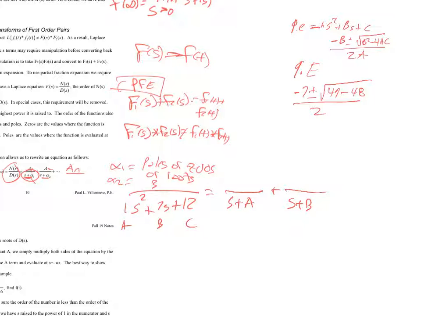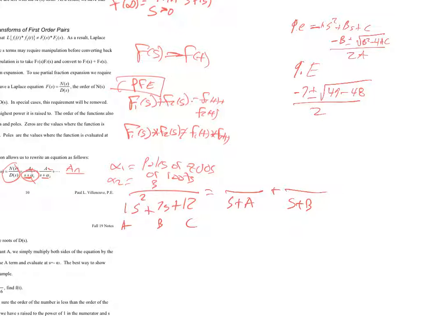So in our case, you can see that a is equal to 1, b is equal to 7, and c is equal to 12, right? So negative b, 7, plus or minus the square root of b squared, 7 times 7 is 49, minus 4ac, 4 times 1 is 4, times 12 is 48, all over 2 times a, which is 1.